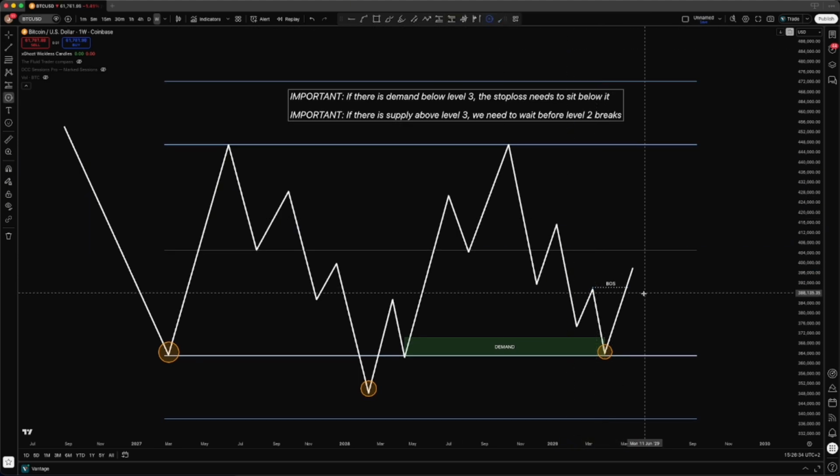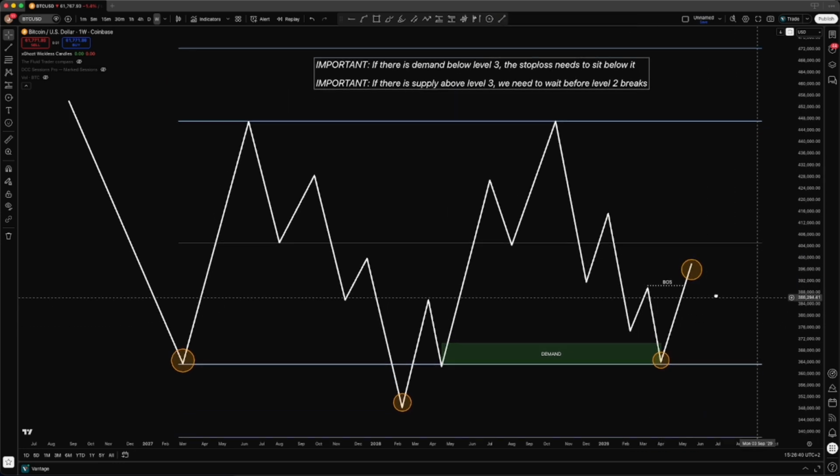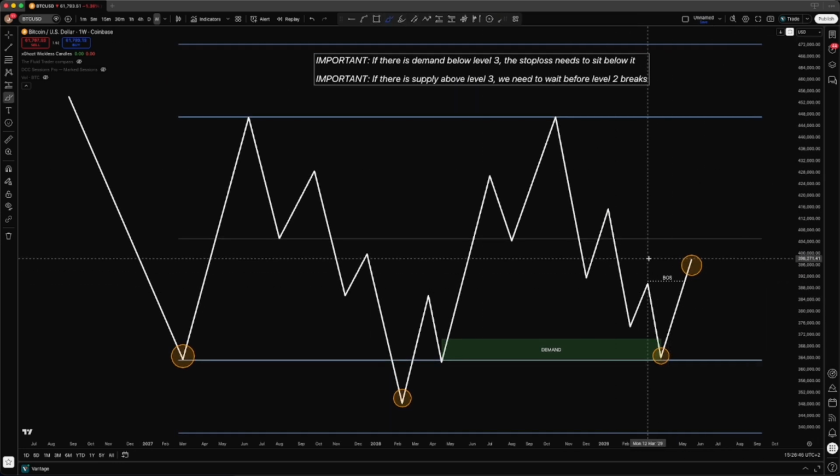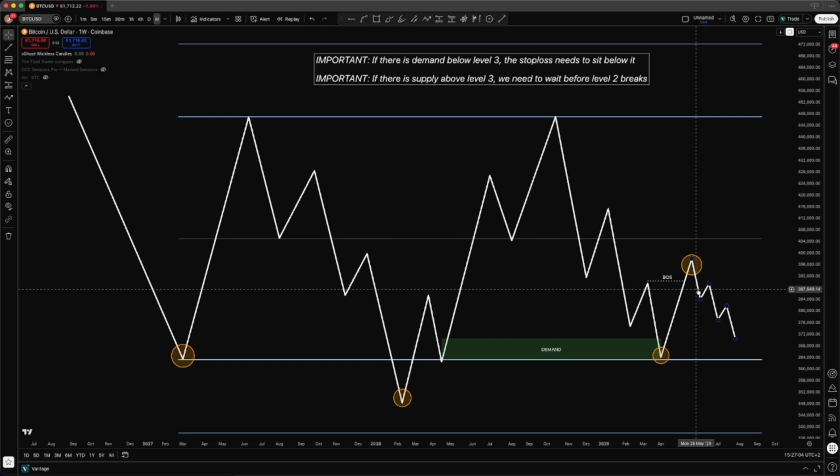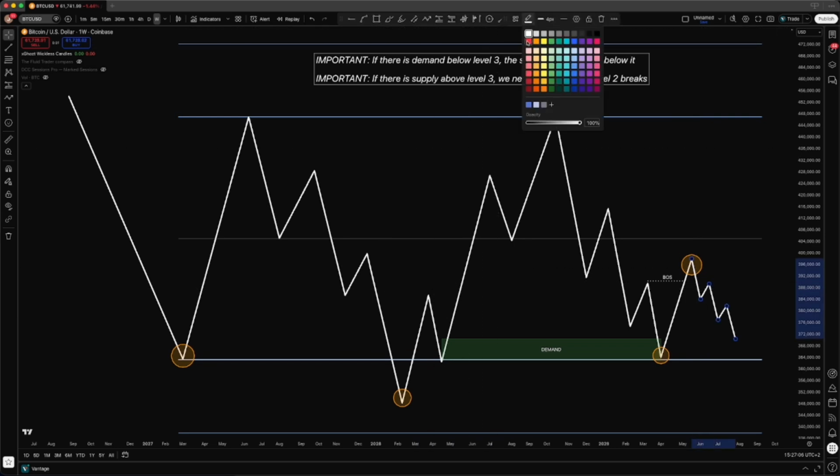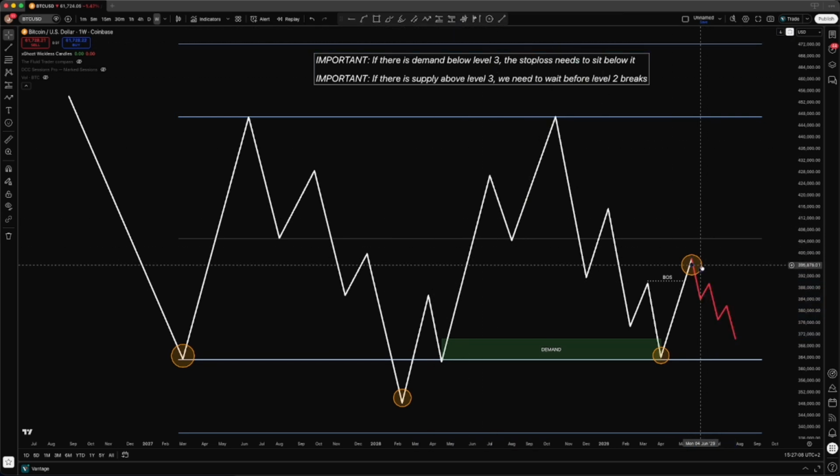Most people tend to go in after this break of structure, but this is mostly where traders fail. Why? Think about what I told you in the beginning. The stop losses will be hunted first, and that's why the price gets pushed up, but then most of the times you will see it retrace back down, and the retrace that will create our level 2.